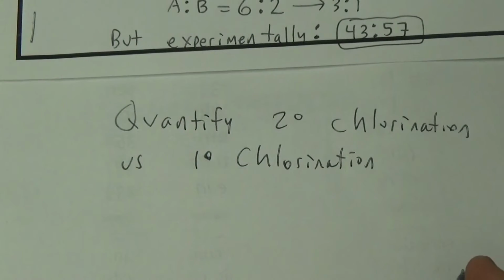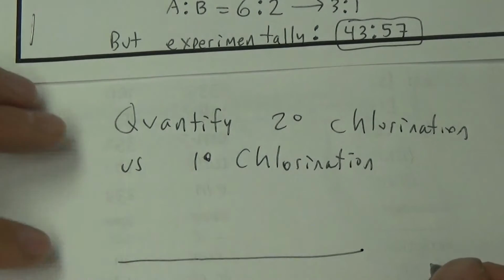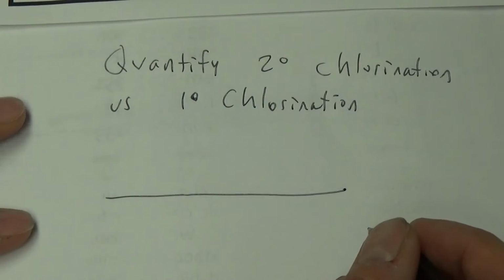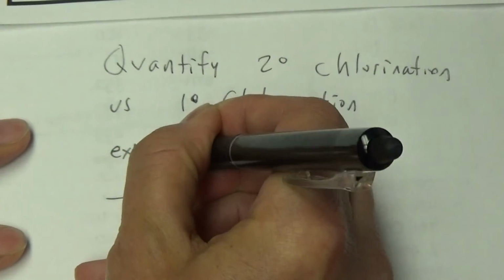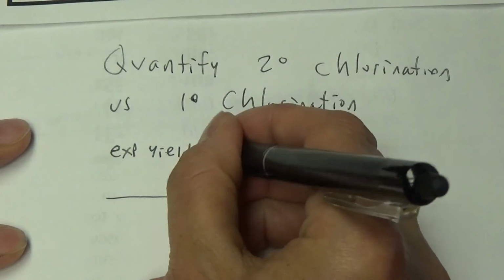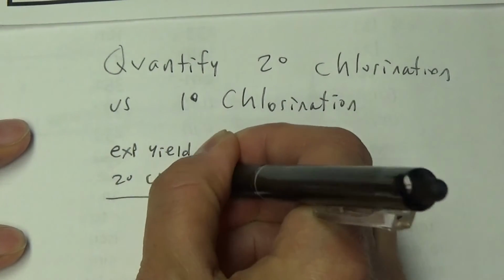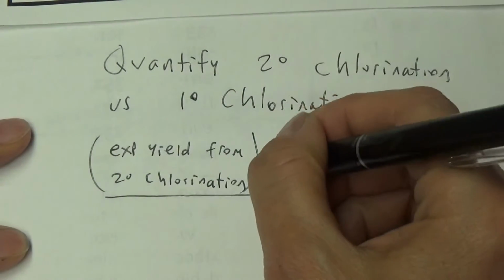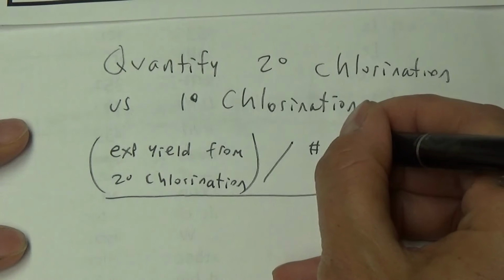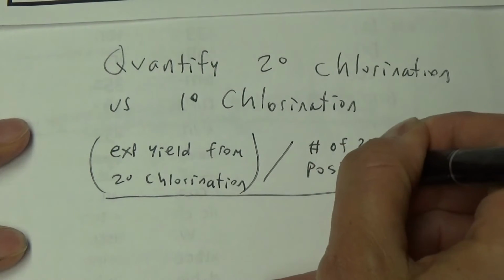We're going to quantify the amount of secondary versus primary. So the calculation is this. We're going to do a little bit of math. It's not that bad. It's the experimental yield from secondary chlorination divided by the number of secondary positions.